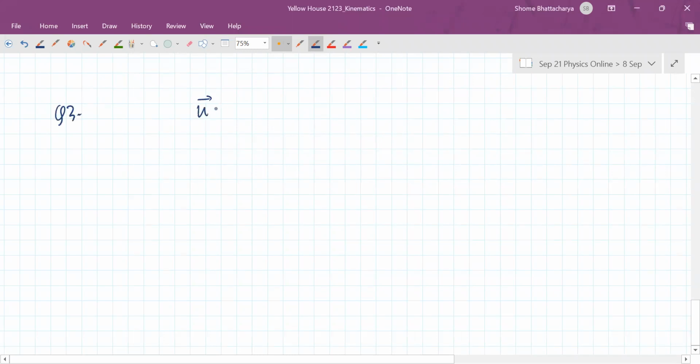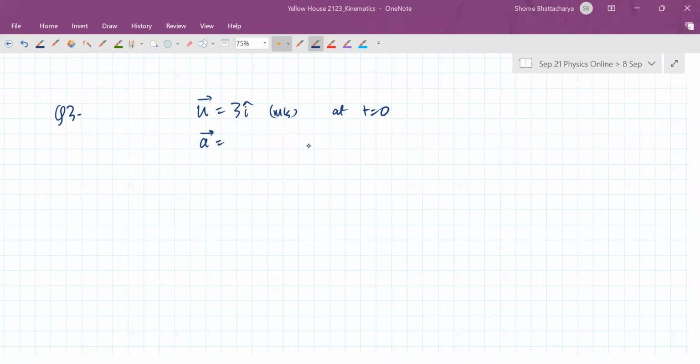The initial velocity is given in question number 3 to be 3 i cap meters per second, and it has a uniform acceleration given to us as minus, it should be i cap minus j cap. There's a misprint over there. Both of them are written as j and j, so it doesn't make sense.